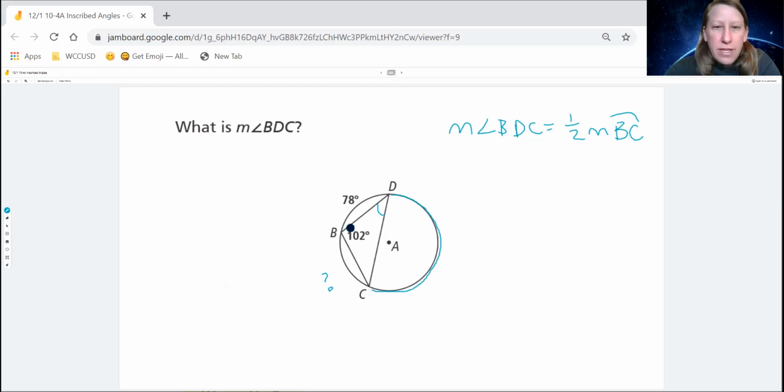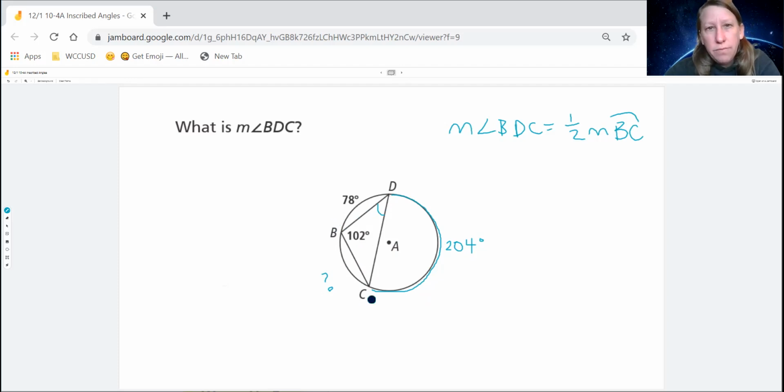So if this angle over here is 102, then the arc out here is going to be 204. How did I get that? How does 102 get to 204? It's just doubled, yeah? All right, so because it's an inscribed angle, it's half the intercepted arc.